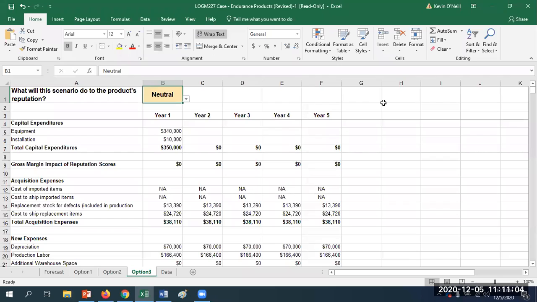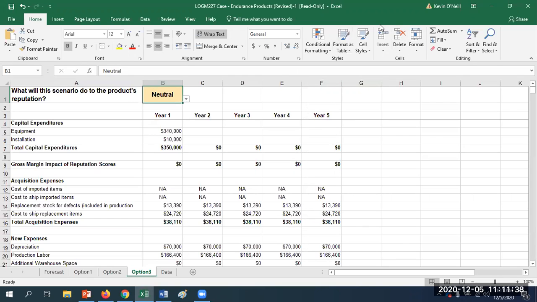But you could reasonably decide that neutral, finding a good way to maintain the status quo or get that reputation back where it was, is the more profitable approach, instead of making a capital expenditure and getting a very positive reputation. That's possible. It might also work out the other way. So that's going to be entirely up to you to evaluate.